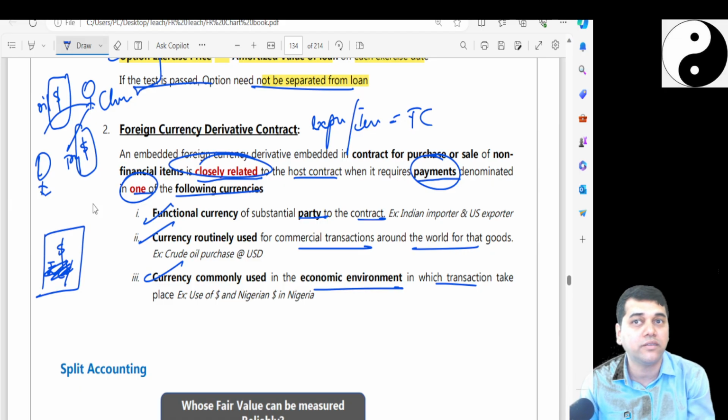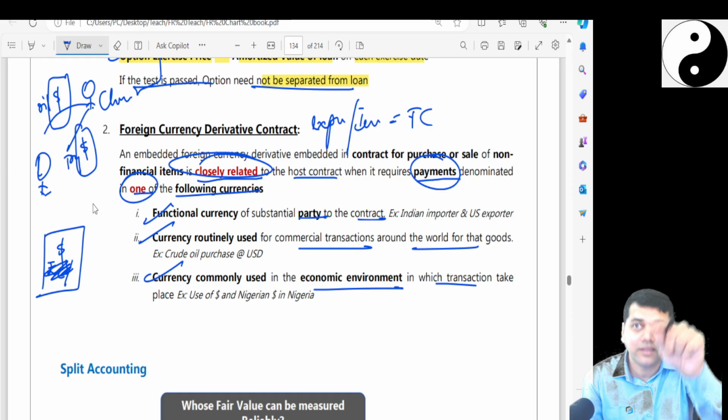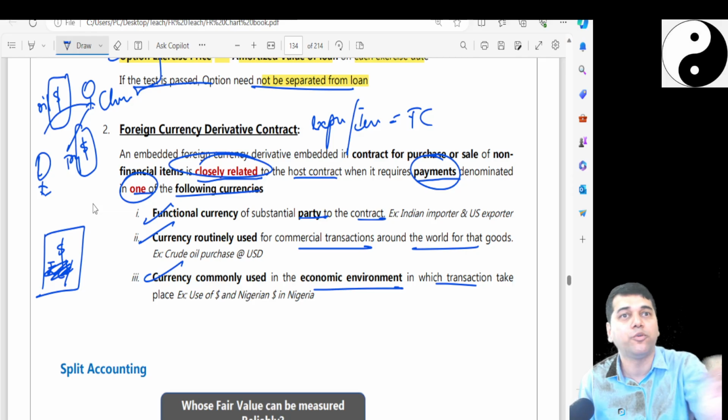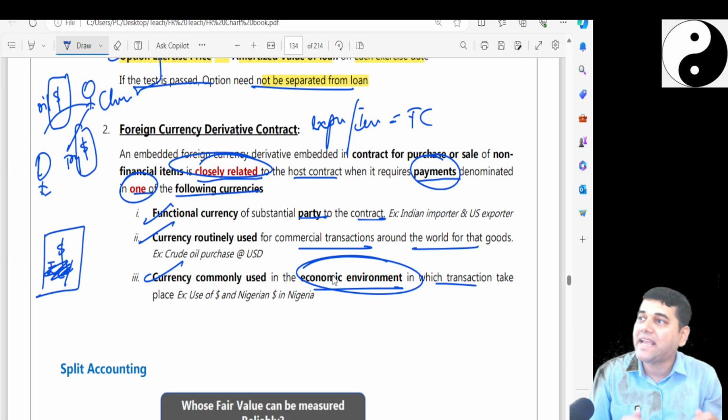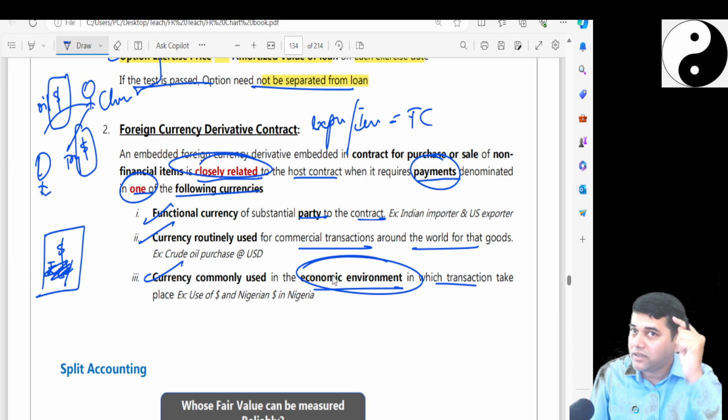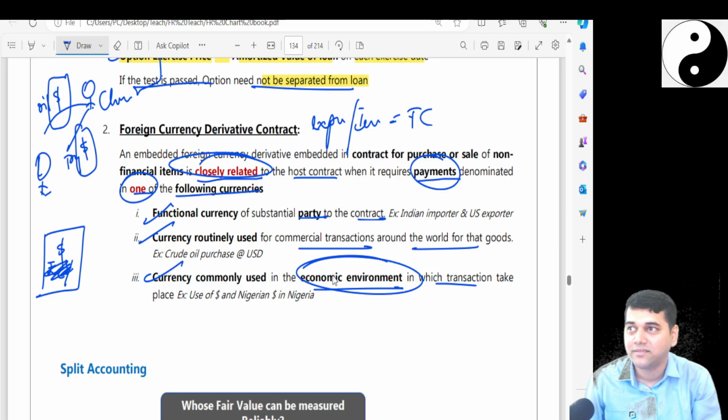In India, what works? Only INR works. Is there any parallel currency in India? No. In Nepal, there is a parallel currency. You can buy a water bottle in Nepal, pay in rupee, they will accept it, because the economic environment generally accepts it. See how intelligently they drafted this.